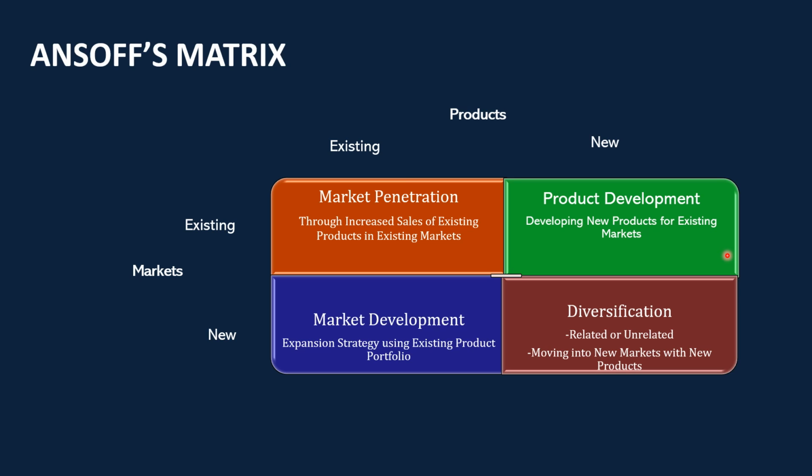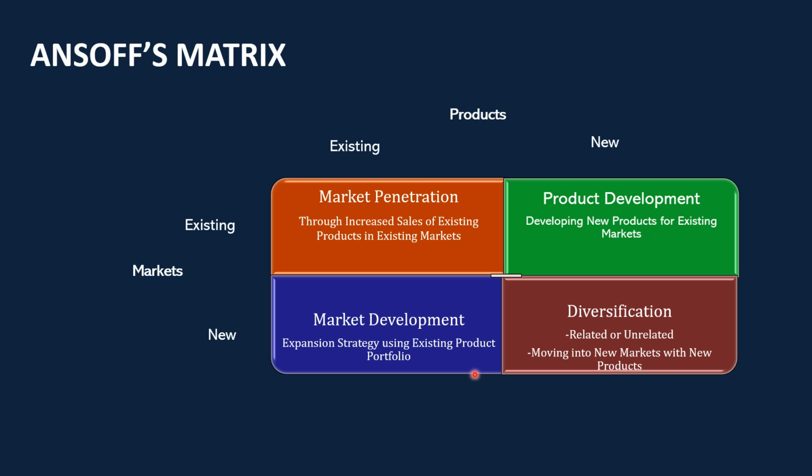Here, the strategies are based on developing and launching new products or making product enhancements which are offered to the existing market. Under this, strategies are based on finding newer markets for existing product.